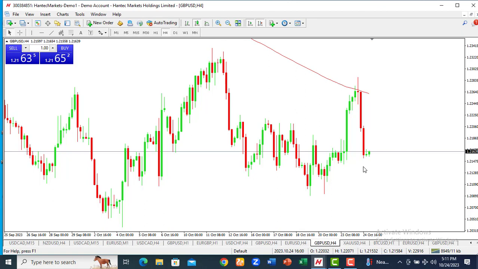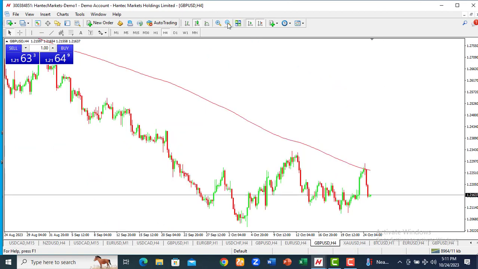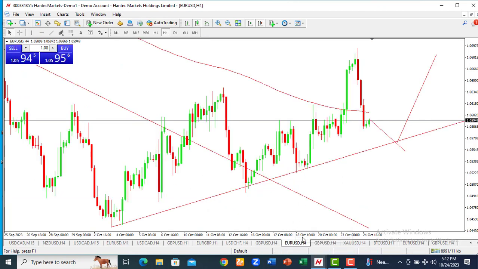You must wait for candlestick confirmation after the retracement is exhausted before you go in for a buy. So today, Euro USD and GBP USD is for a buy, but you must allow the candlestick to do what? To give you confirmation.